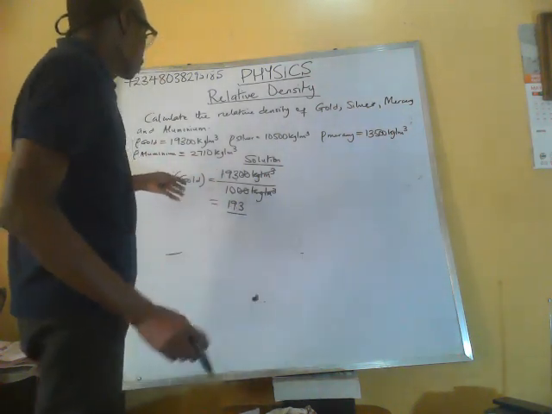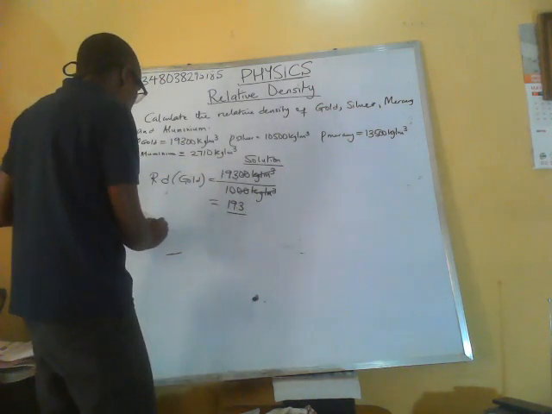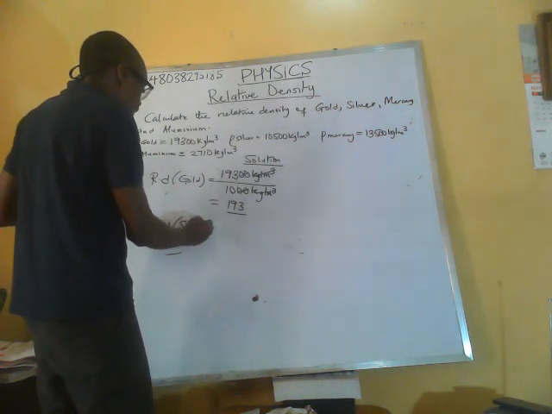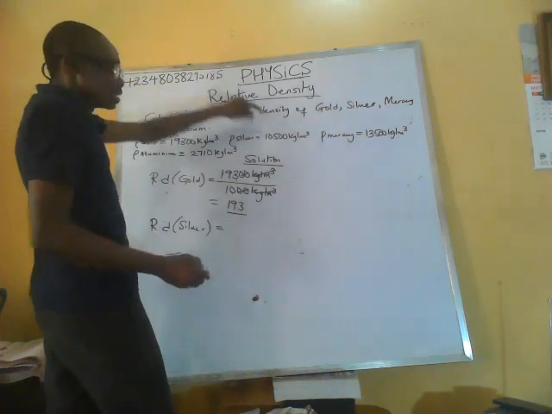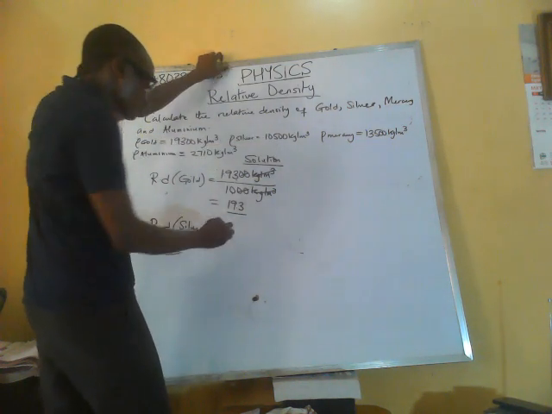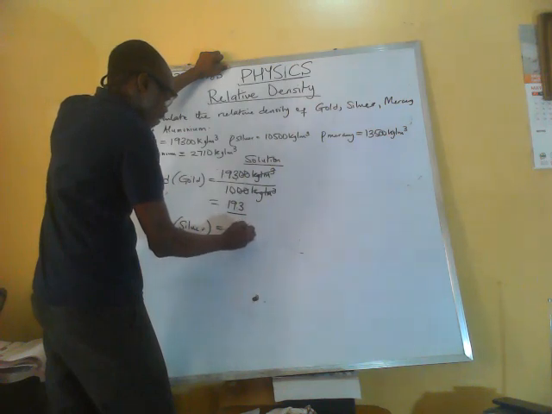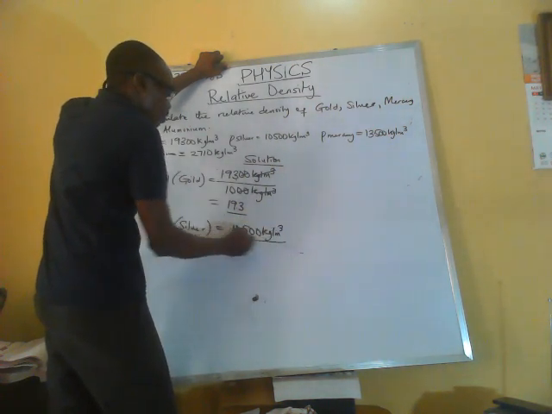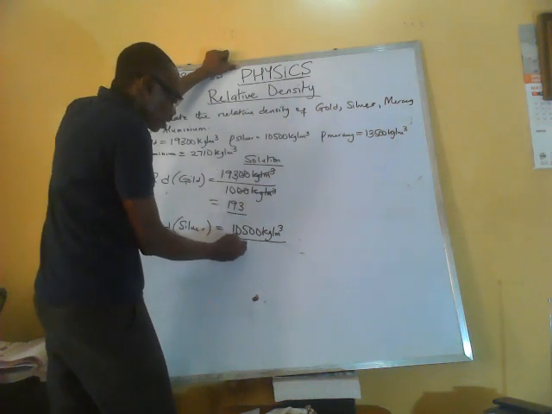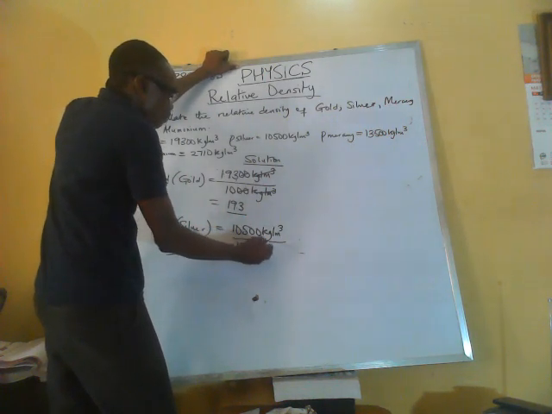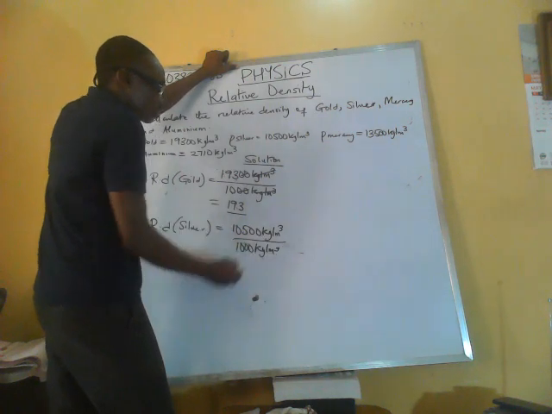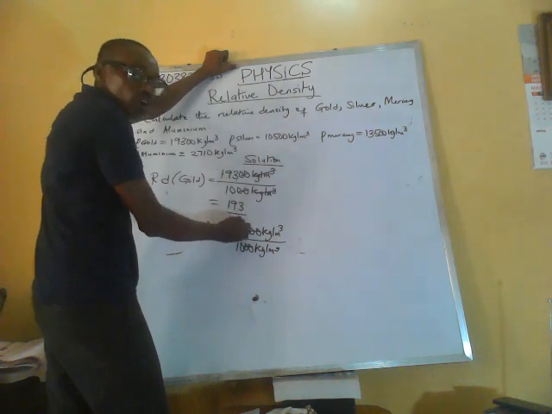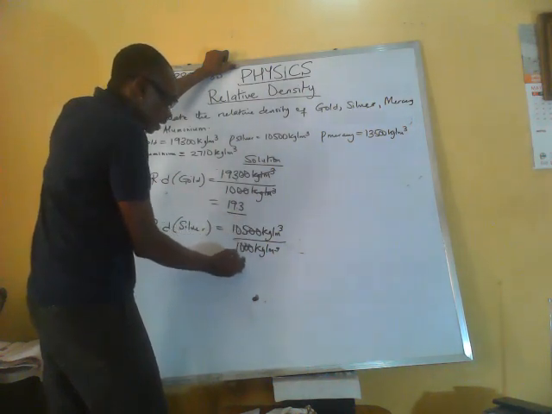For silver, the relative density of silver is equal to the density of silver, 10,500 kilogram per cubic meter, over that of water, which is still 1000 kilogram per cubic meter. The zeros cancel. 105 divided by 10 gives us 10.5.